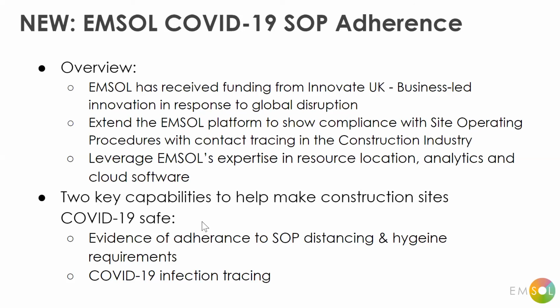Second, when an on-site workforce member has been diagnosed with COVID-19, we can identify the location and the other workforce members they may have been in close contact with during a specific time window. There aren't too many solutions that have the capability to deliver with the level of accuracy required to give real evidence of adherence and infection tracing. We have trial partners in place, and if you're interested, we'll keep you informed as we progress.